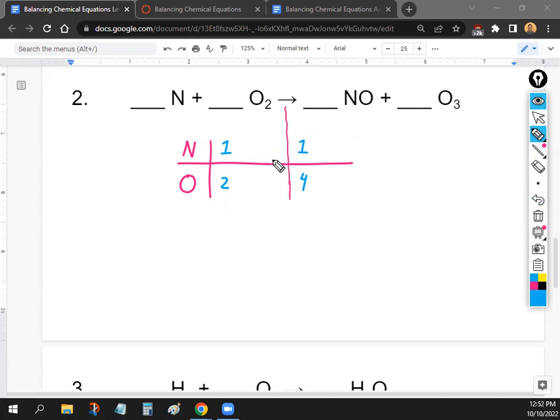All right, so if we look at the elements, which one of them is not balanced? Yeah, oxygen is not balanced. There's 2 on the left and 4 on the right. Which side do you need to add more to? The left side, right? So we're going to add oxygen, but remember, you can't just add oxygen by itself because you got to keep the recipe the same.